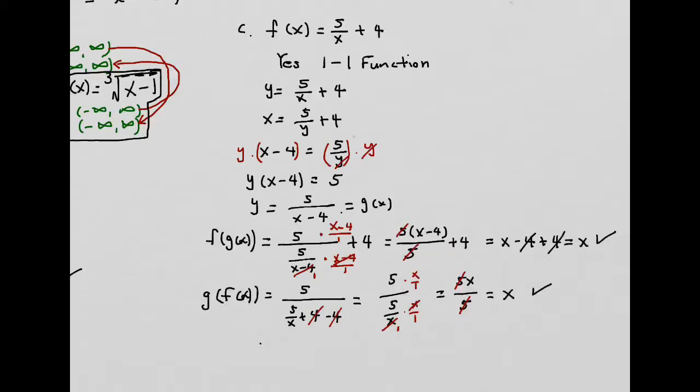So both ways, it checks out that g of x is the inverse of f of x, and f of x is the inverse of g of x. Then we can rewrite my g of x in inverse of f of x notation. This is going to be 5 over x minus 4, right? Right here.